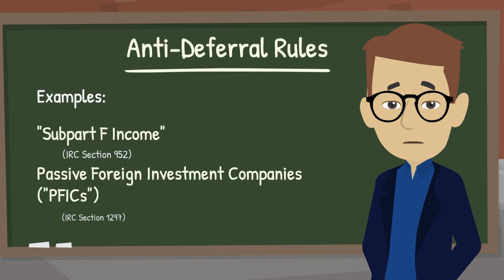For example, the U.S. shareholder has to pay tax this year on Subpart F income earned by the CFC, even if it hasn't been paid to the parent as a dividend. With various exceptions, Subpart F income generally is passive income and other income that is easily moved from one jurisdiction to another. Things like dividends, interest, insurance income, and various other things.